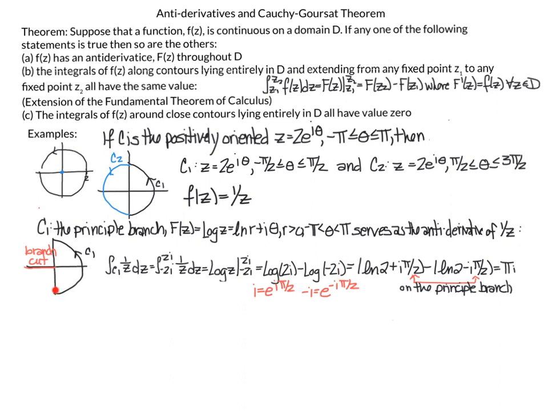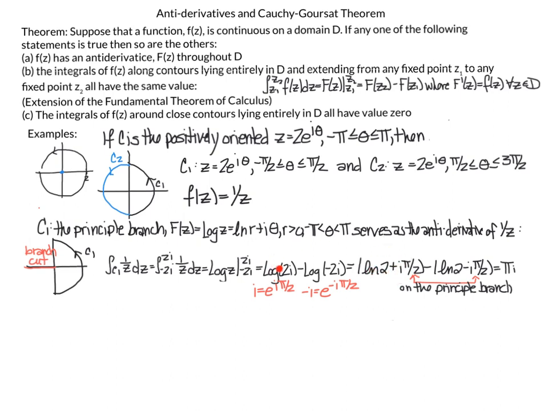Our negative 2i down here is just going to be 2 times e to the negative i pi over 2. So here, natural log of 2i is natural log of 2 plus i pi over 2.